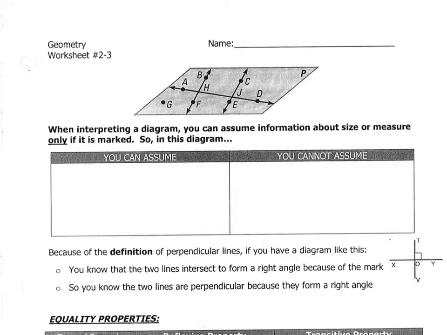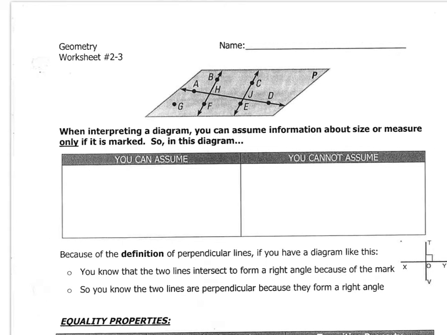In section 2.3, when interpreting data, you have to be careful that you don't assume things. So in this first example, you can assume that line AD is a straight line.